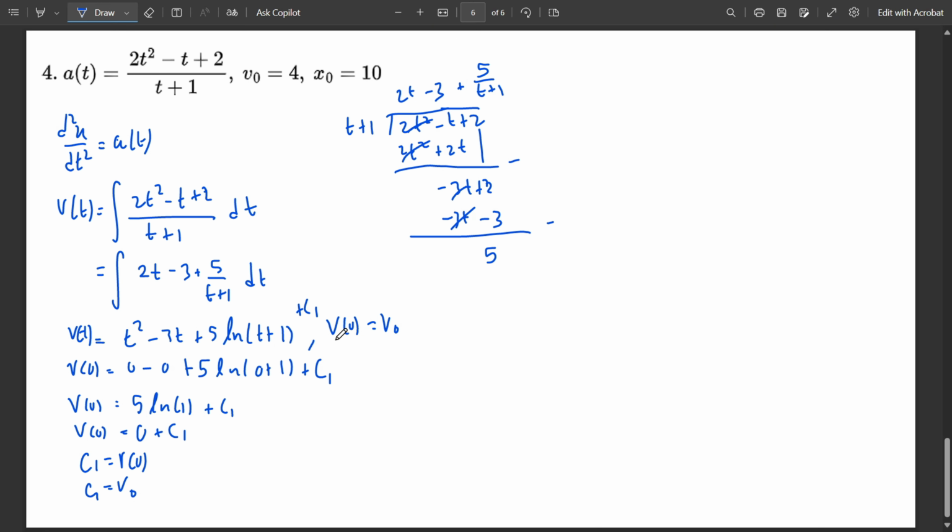So that means we just substitute v initial equals 4. So v of t equals t squared minus 3t plus 5 ln of t plus 1 plus c1. c1 is just our v initial, so it's 4.